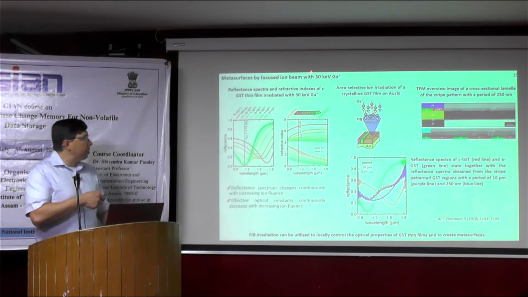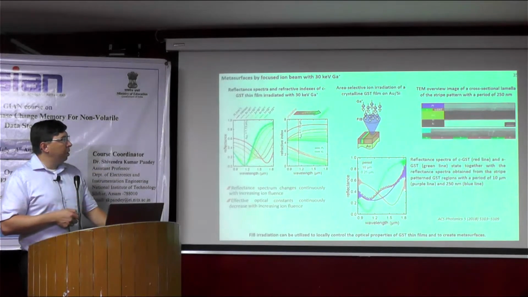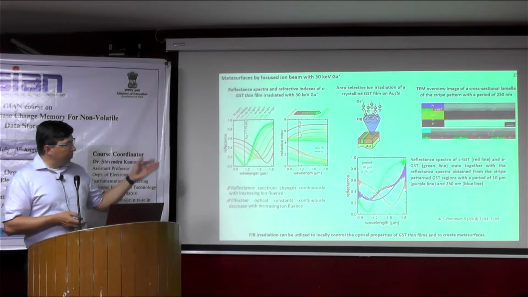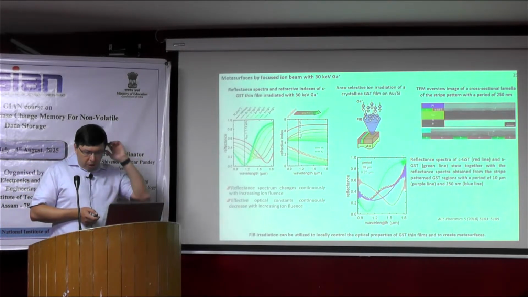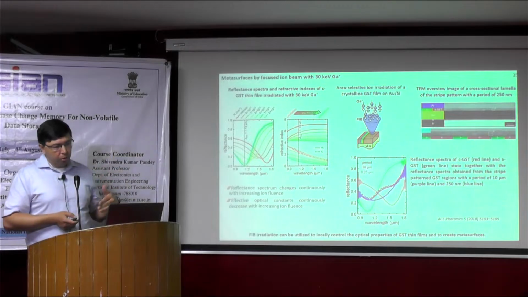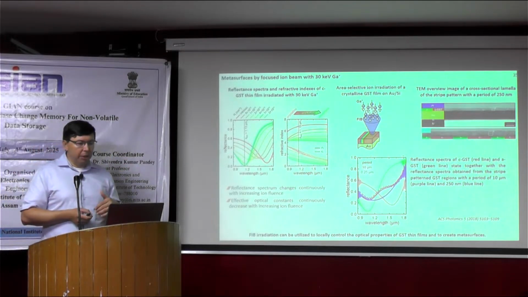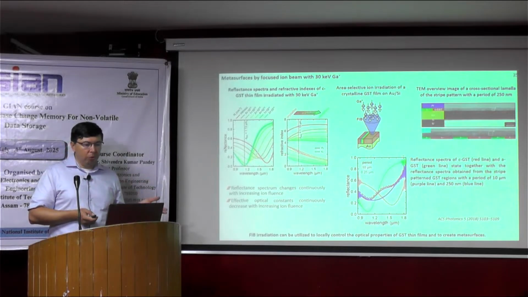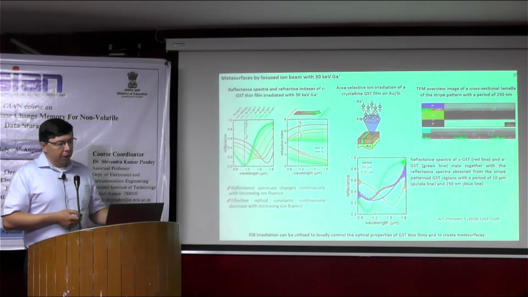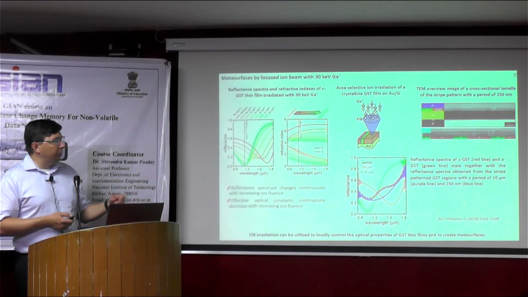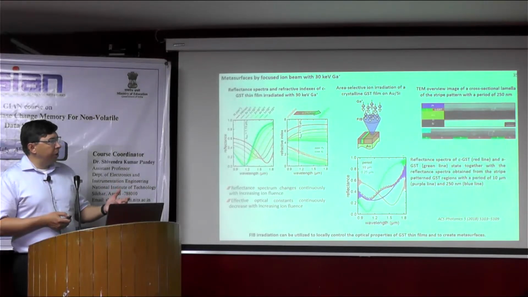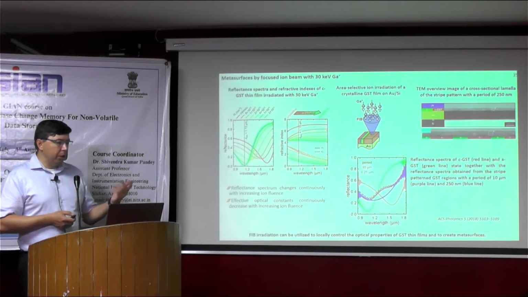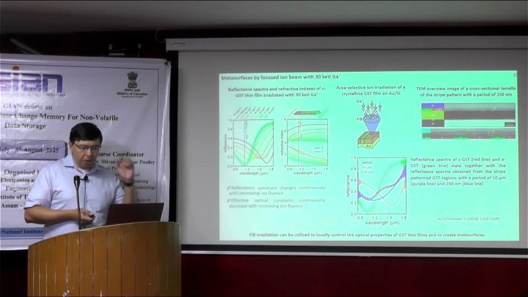So by using this focused ion beam, because we know from previous results that the ion beam can induce the amorphous to crystalline transition or from crystalline to amorphous, it can maybe be used to modify the surface of GST and be useful for creating new, let's say, optical devices.